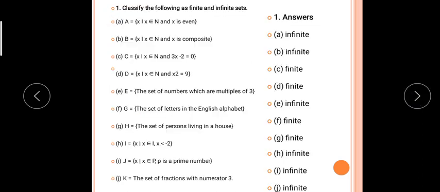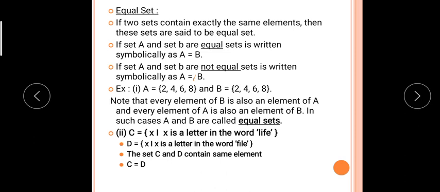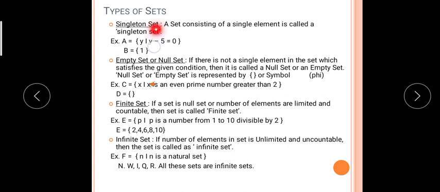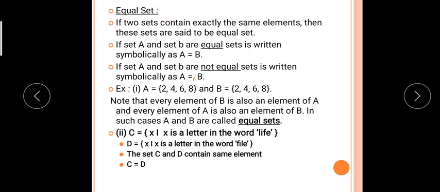Now students, next is the equal set. The types of sets are these only: singleton, empty, finite, infinite. Equal set means what? If two sets have exactly the same elements, then these sets are said to be equal sets.